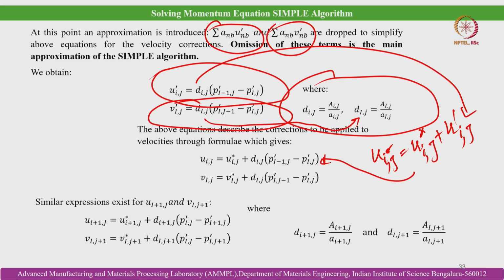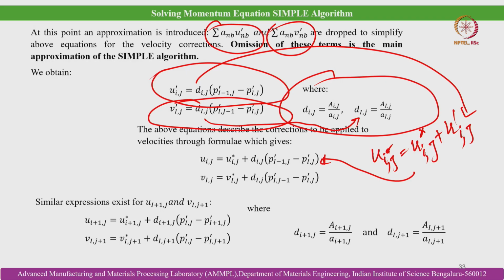Okay. So that is why we write u i capital J is equal to u asterisk i capital J plus the value of u prime from here, and a similar technique is adopted for the y velocity.